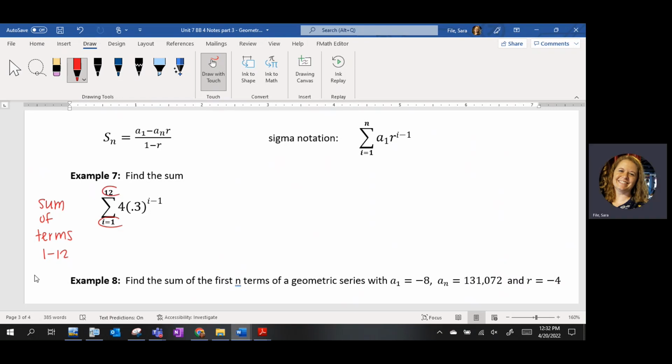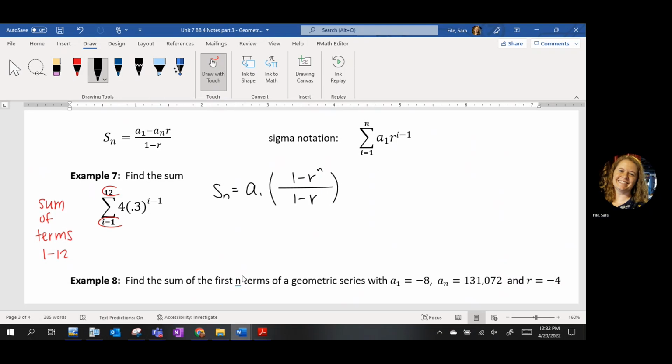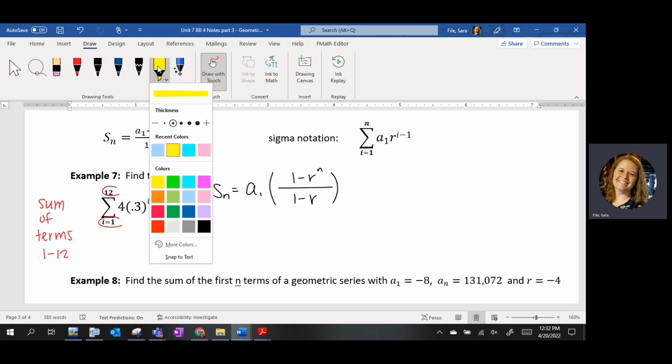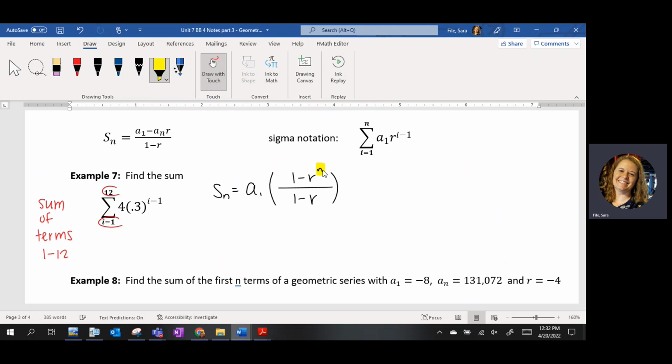Okay, so if I know the number of terms, then the formula is the first one, which is the first term times 1 minus r to the power of n over 1 minus r. So now I just need to figure out what to plug in where. Well, the number of terms, how many terms from 1 to 12? 12 terms. And we can see that was that n right there, right?